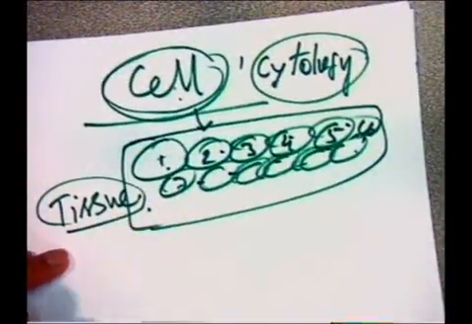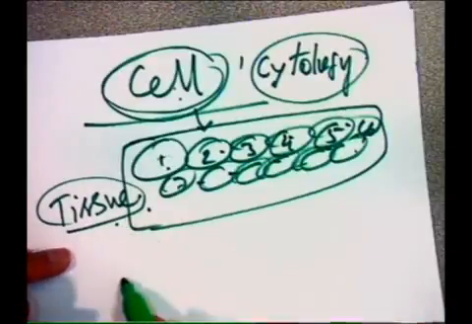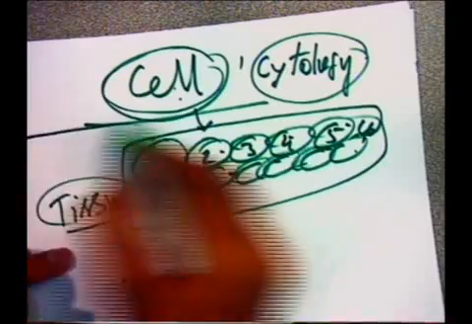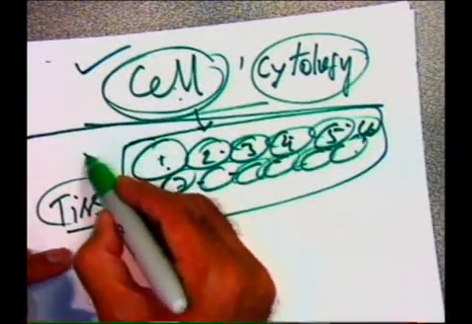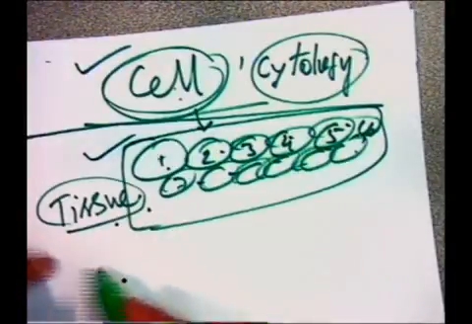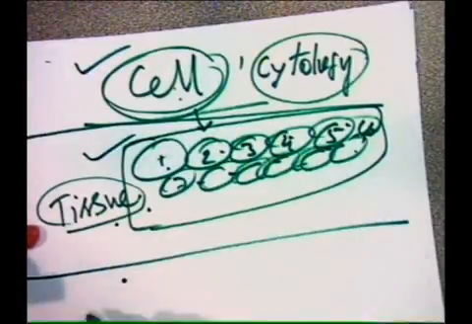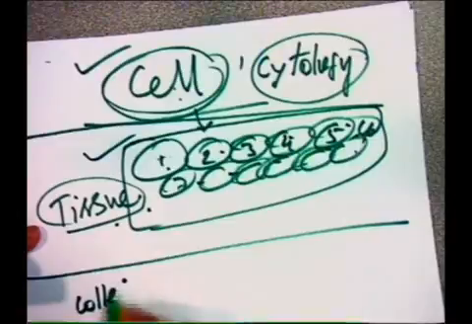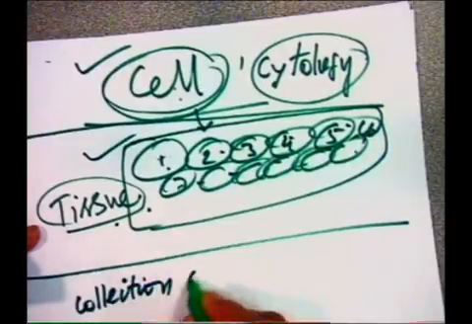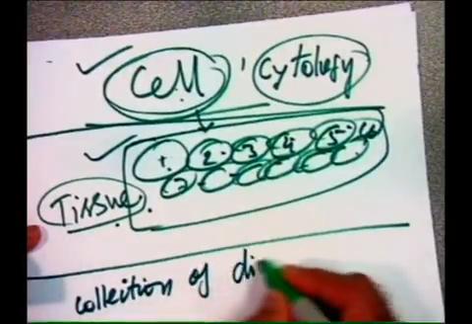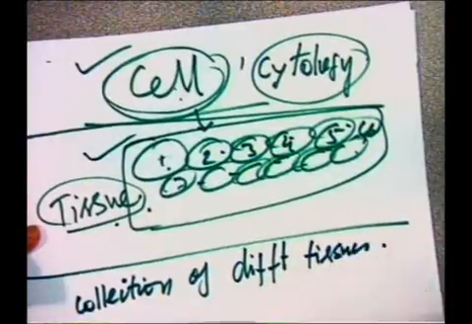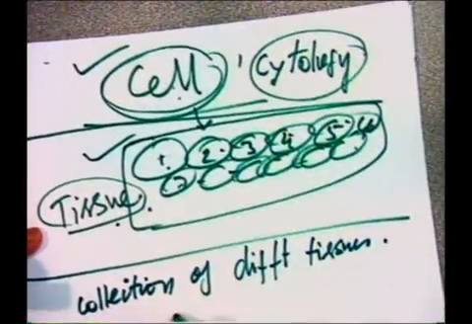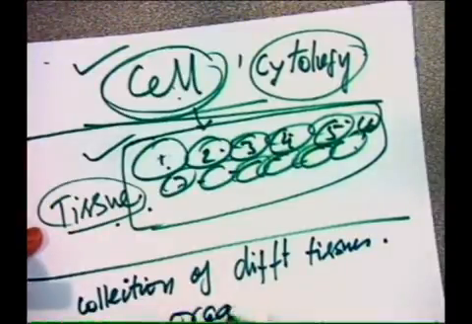You are going to deal with different types of tissues in this class. So first we will study the cell, and then we are going to study the tissue, and then we are going to study collections of tissues. A collection of different tissues constitutes an organ.